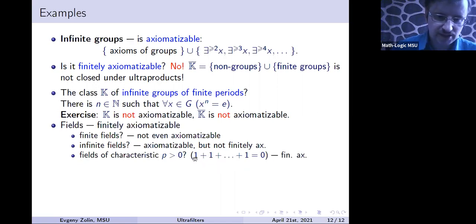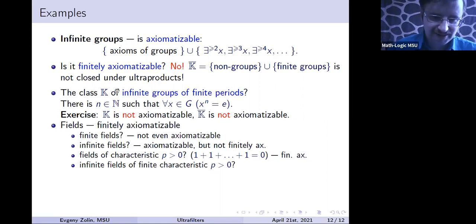We can simply say that 1 plus 1 plus 1 is 0, but for a smaller number of units, it is not 0. For fields of characteristic 3, for example, 1 plus 1 plus 1 equals 0, and 1 plus 1 is not 0. So this is the axiomatization of fields of characteristic 3.